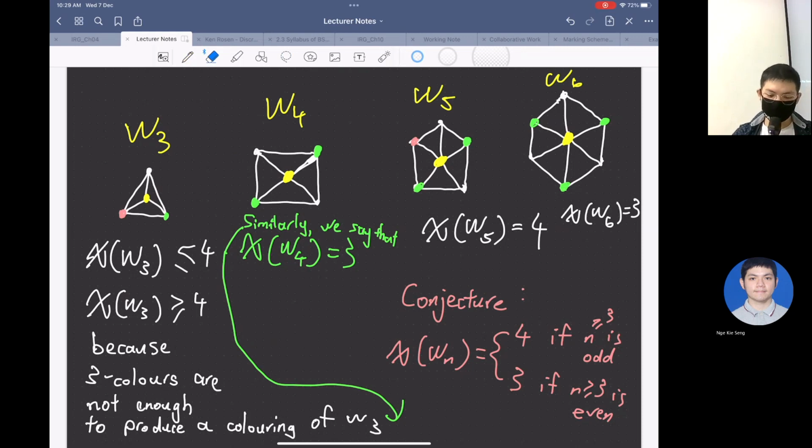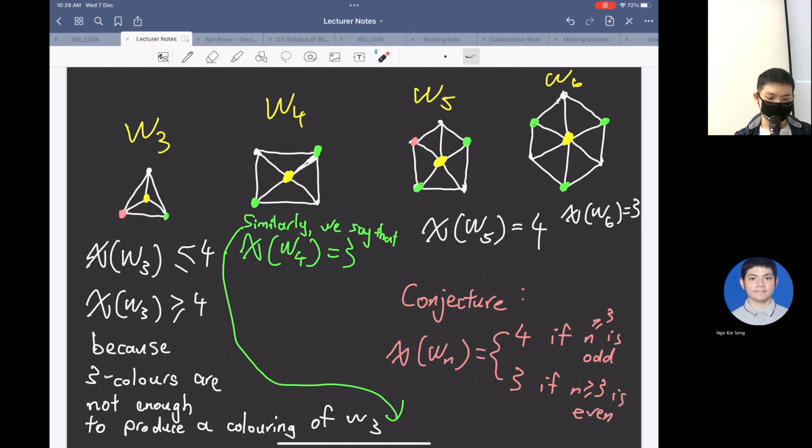Okay, so the claim is the chromatic number. We conjecture that the chromatic number of the wheels is 4 if n is odd, and 3 if n is even. You can try and show this.